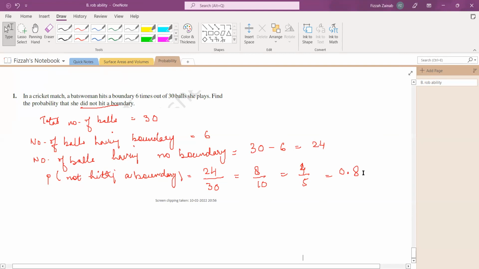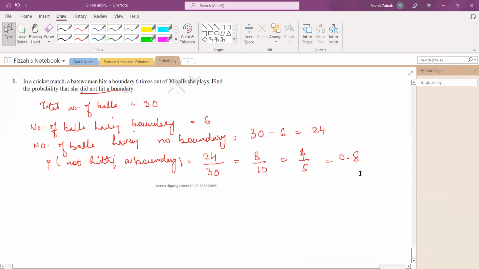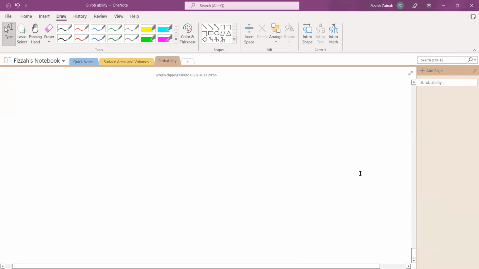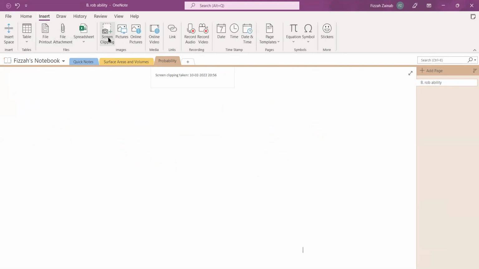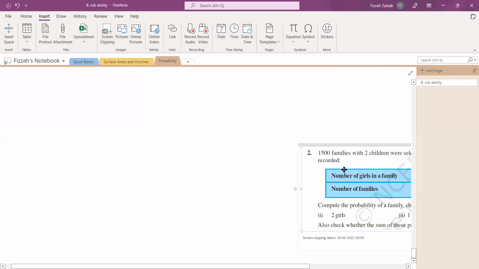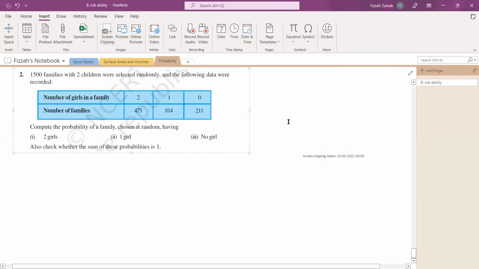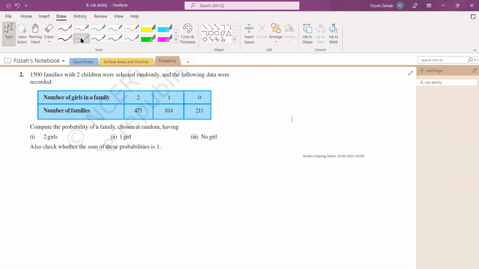Yes, done. Yes, ma'am. Fine. Yes, this is the table. Now see, 1500 families with 2 children were selected randomly, right?